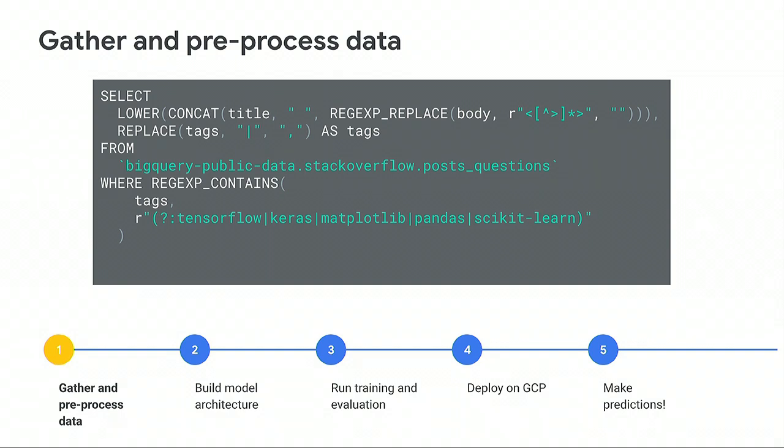The tags also happen to be separated with vertical bars, not great if I want to make my data look anything like a CSV, so replacing those with commas. And in this example, we're going to pull out just related machine learning libraries. We're not going to try to tackle the bigger problem of tagging questions, even web development questions, as TensorFlow or not, and just stick within this subdomain.